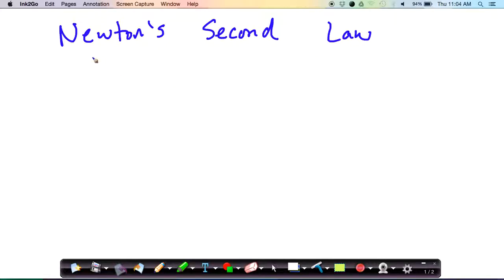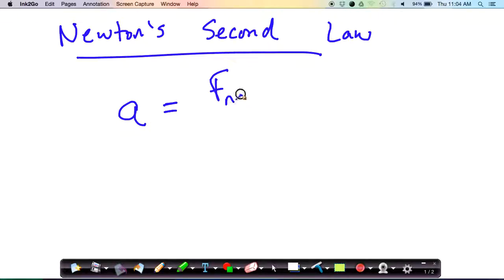Again, it takes our observations of how acceleration depends on net force and how acceleration depends on mass and puts them into a single statement, a single equation, where we say a is equal to net force divided by mass, or a equals F over m.